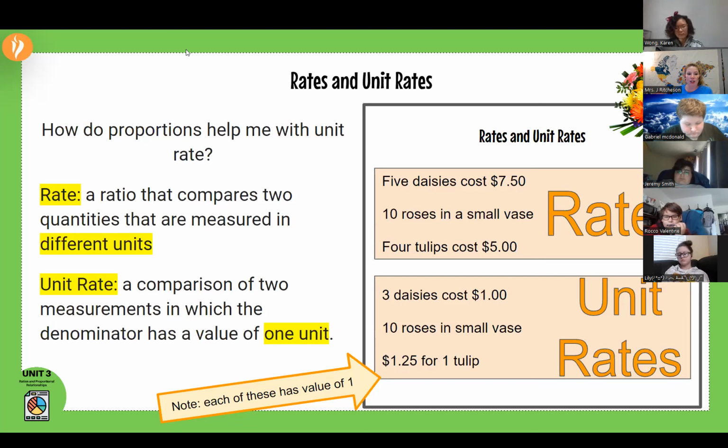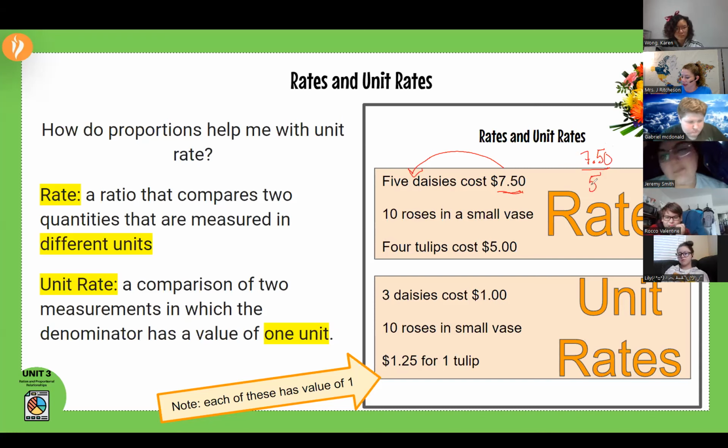All right, but the way you find the unit rate, if you're talking about money, is always the money divided by the quantity. Okay, so if 5 daisies cost me $7.50 and I want to know how much is each daisy, then you're always going to divide the price by the quantity.